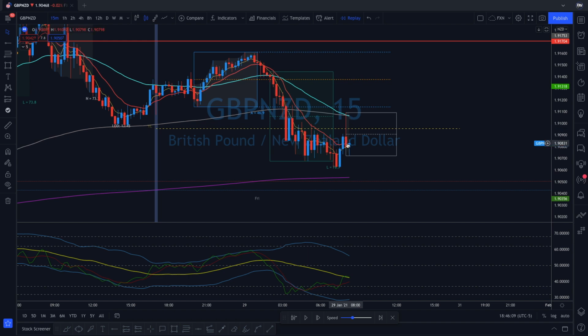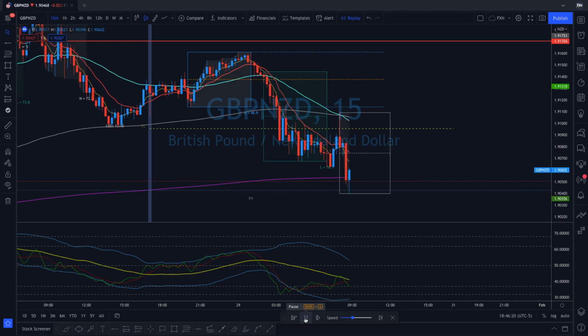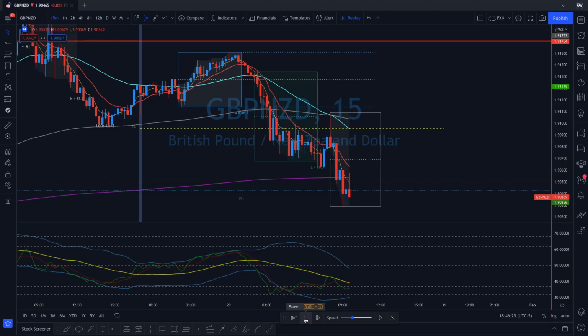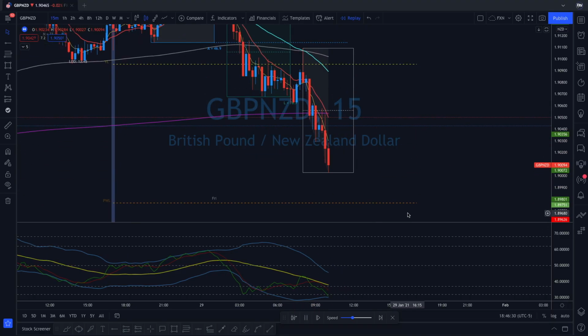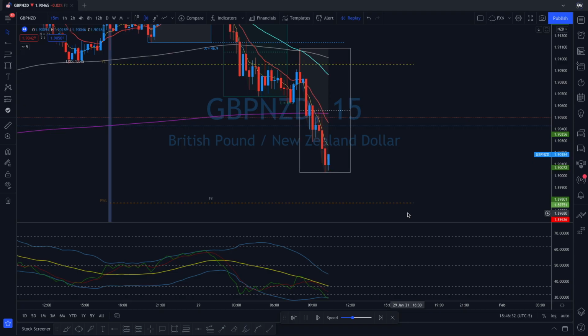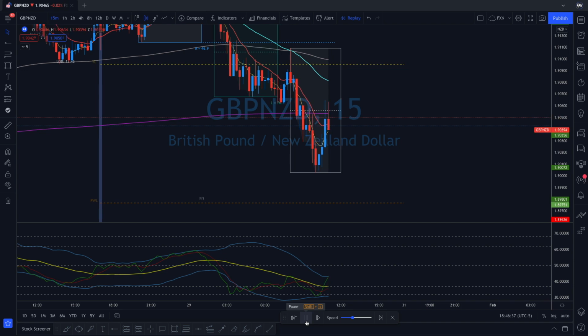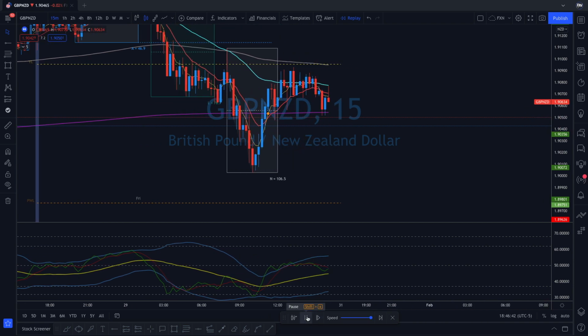I know this pinned the 50, but this is not going to be a good trade setup at all. So, yeah, honestly, nothing at all.